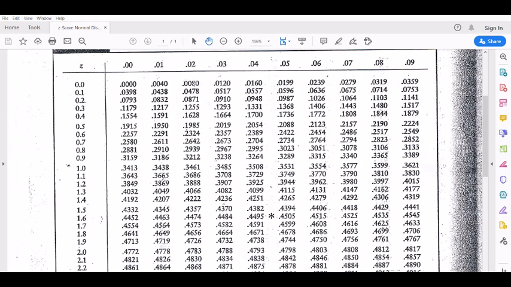To get to 80, that's 19 away. To get to 120, that's 21 away. So it's closer to here, which would be 0.02. So the z-score would equal 0.02, and I left some space because this is to the left of 0, which means this has to be a negative.